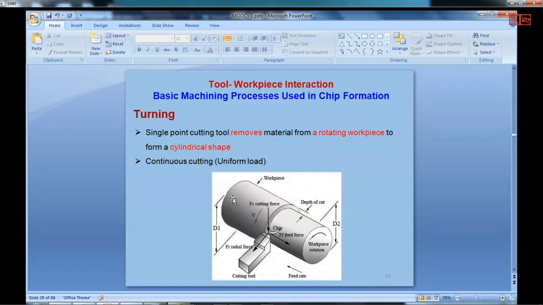Then the initial diameter of the workpiece is generally called D1, and the final workpiece diameter is called D2. And then we have the cutting forces. Generally they act in this direction, the vertical direction.